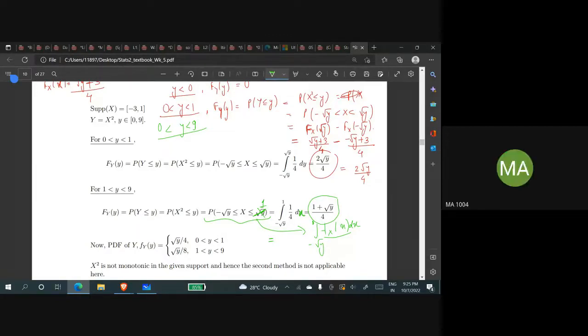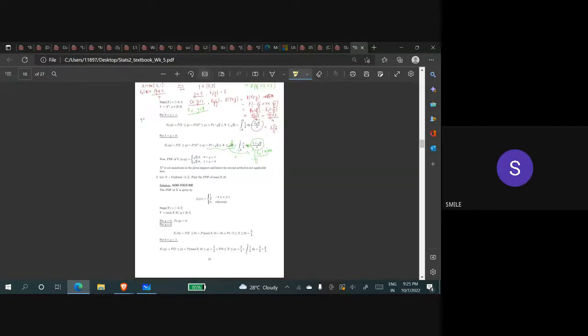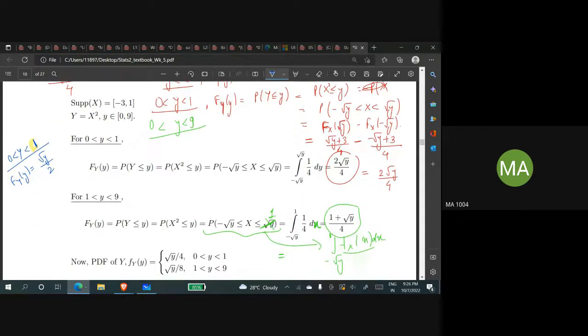Now for y lying between 1 to 9, your CDF is (1 plus root y) by 4.